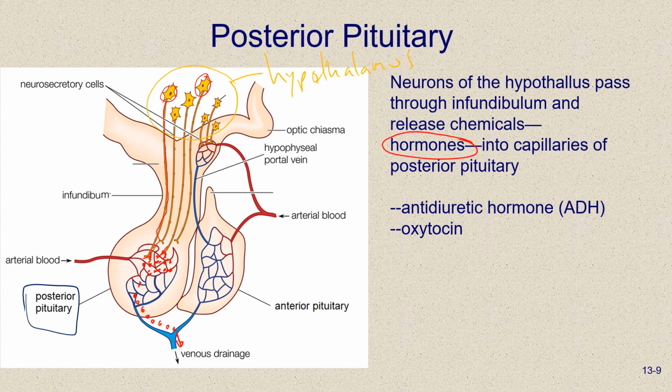So we have a kind of an unusual situation where a neuron is releasing a hormone. And the two primary examples are antidiuretic hormone, also known as vasopressin. Vasopressin, you gotta remember how to spell. Sometimes abbreviated ADH, and oxytocin, which is involved with stimulating mammary glands and the uterus at various points during and after pregnancy.